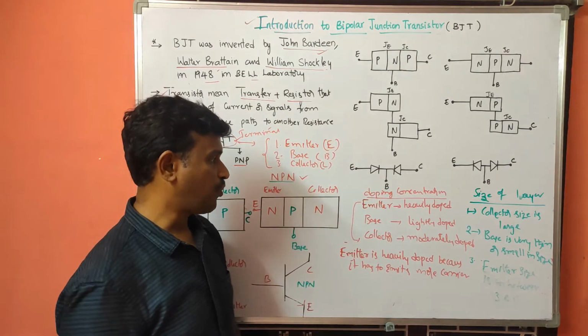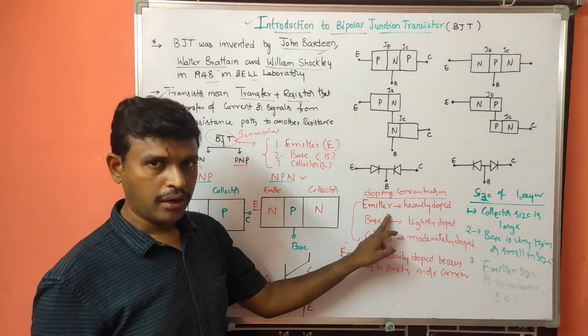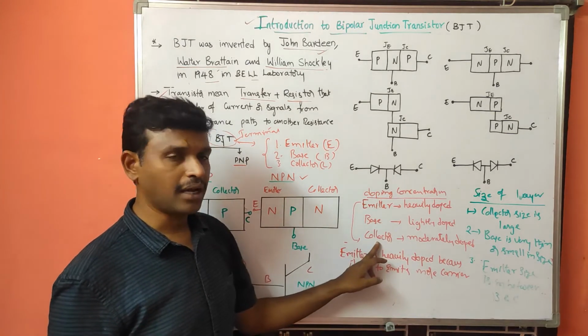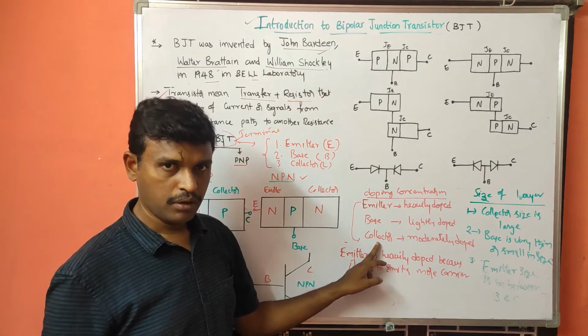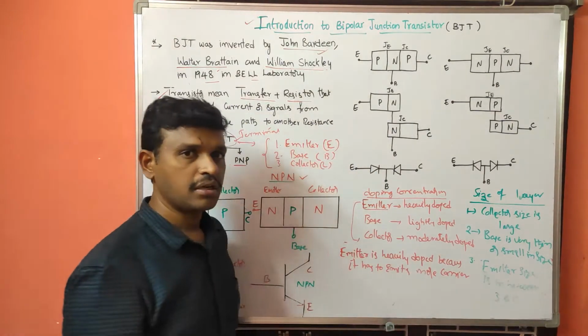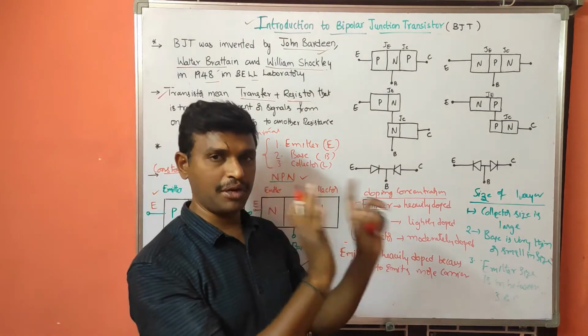That's why the emitter is heavily doped. Next, we have the base. Base is lightly doped and the collector is moderately doped. Why it is called the emitter: it is emitting the carriers. That's why it is called the emitter.